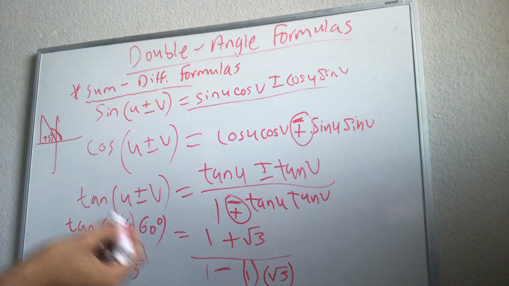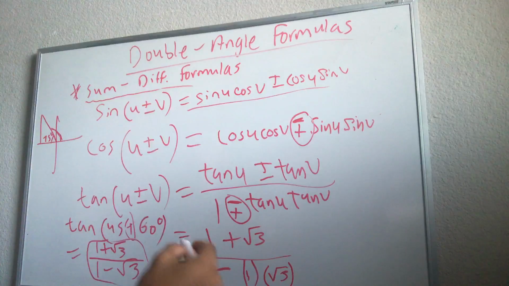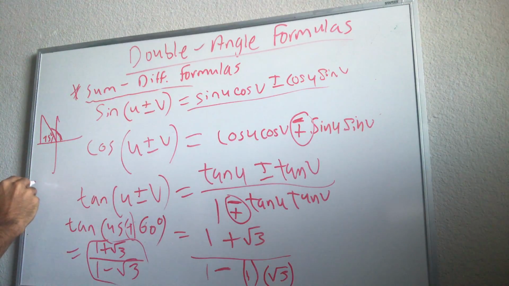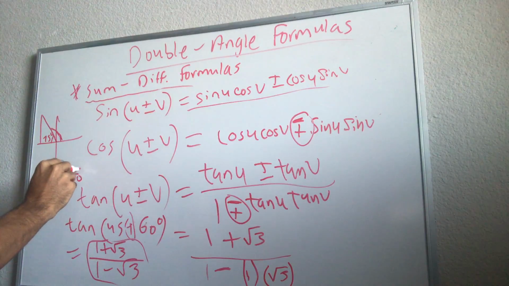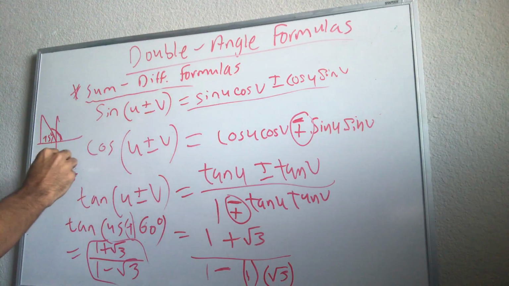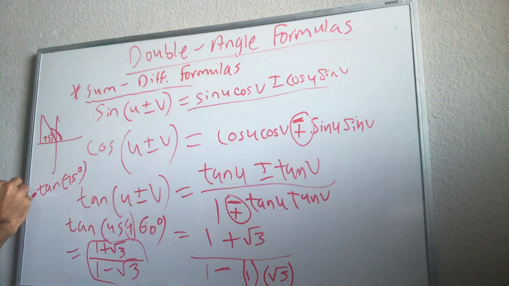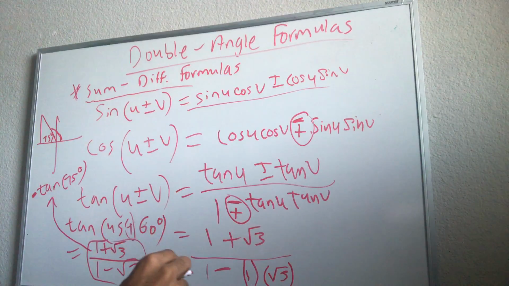Using your concept of the unit circle, that should make sense as tangent of 75 degrees. However, because it's in quadrant 2, you place a negative sign. So evaluating this and evaluating negative tangent of 75 degrees should give you the same thing, which will be a negative value. So that's the introduction to sum and difference formulas.